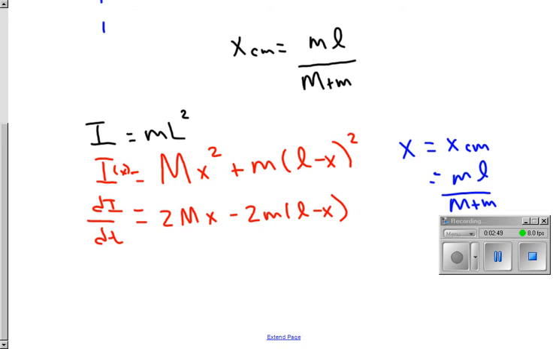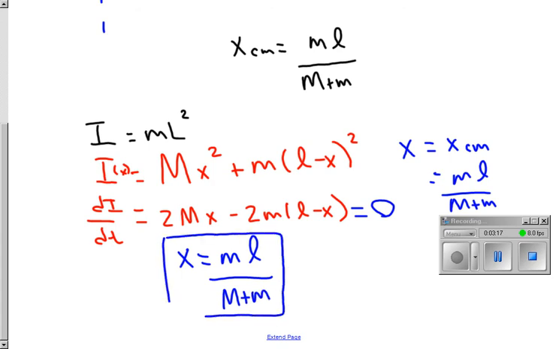And when this is at a minimum, the derivative should equal 0, or at least an inflection point. We should have that equal to 0. So when you solve this equation for x, we do in fact end up getting that x is equal to little m times capital L, or I guess our length, divided by the sum of our masses.